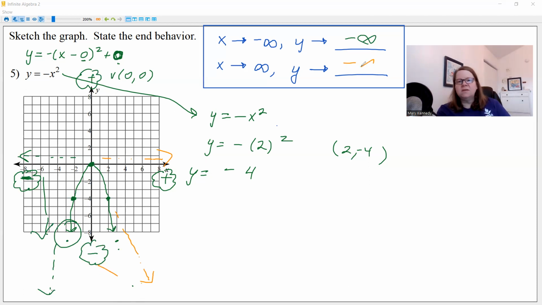So this is still going to negative infinity. So as x approaches negative infinity, y approaches negative infinity. And as x approaches positive infinity, y still approaches negative infinity because both sides are opening downward in this U shape. All right, that's end behavior. I hope that helps. I'll see you next time.